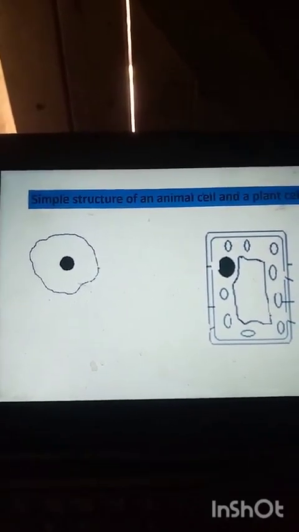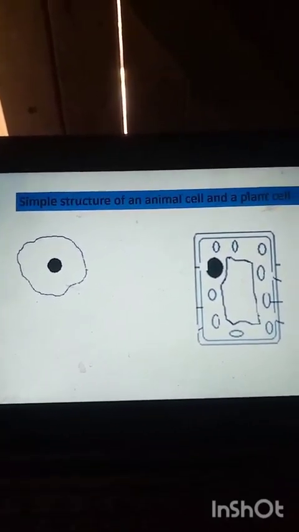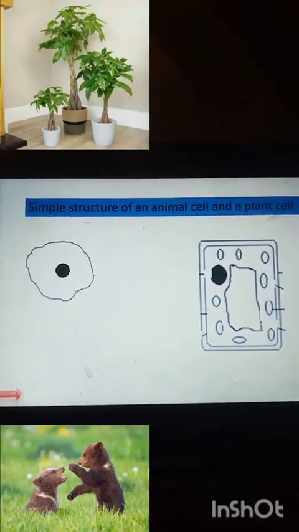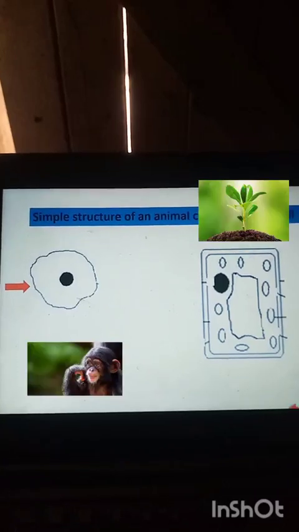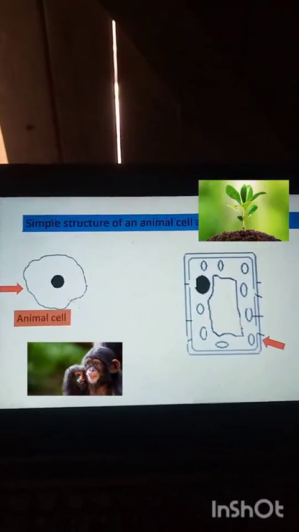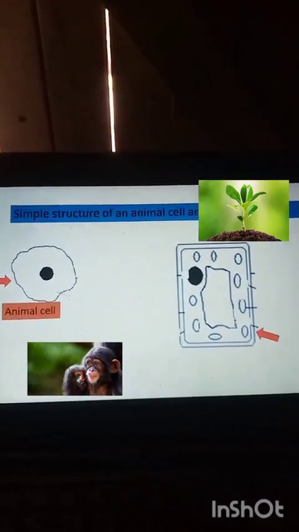Which one do you think is the animal cell and which one is the plant cell? That's right. This is the animal cell and this is the plant cell.